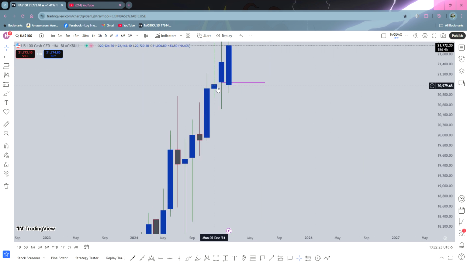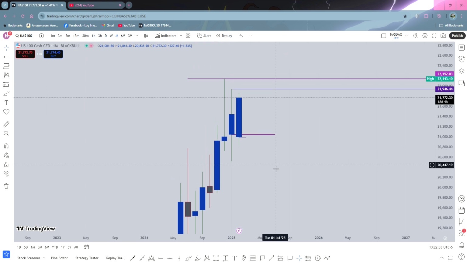So you can see on Monday the 2nd of December, we did engage sell stops, which is a small fair value gap, price took out liquidity. On December we closed, price opened up, created that manipulation. If we are bullish, we buy below the opening price, and this is like a manipulation, guys.